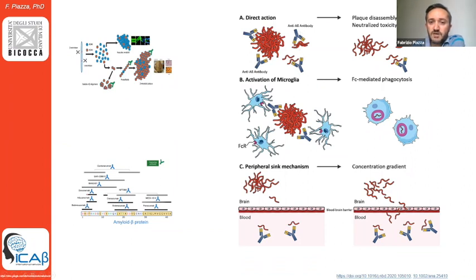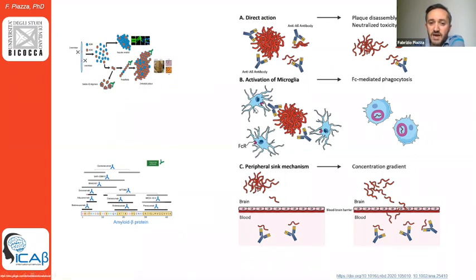The first one is a direct effect of the antibody, which is able to bind the plaques, disassemble and disaggregate them, and release the soluble monomers that can then be removed from the brain to the CSF and vasculature. Another putative mechanism is an activation of the microglia, which is supposed to be the main actor in removing beta amyloid from the brain.